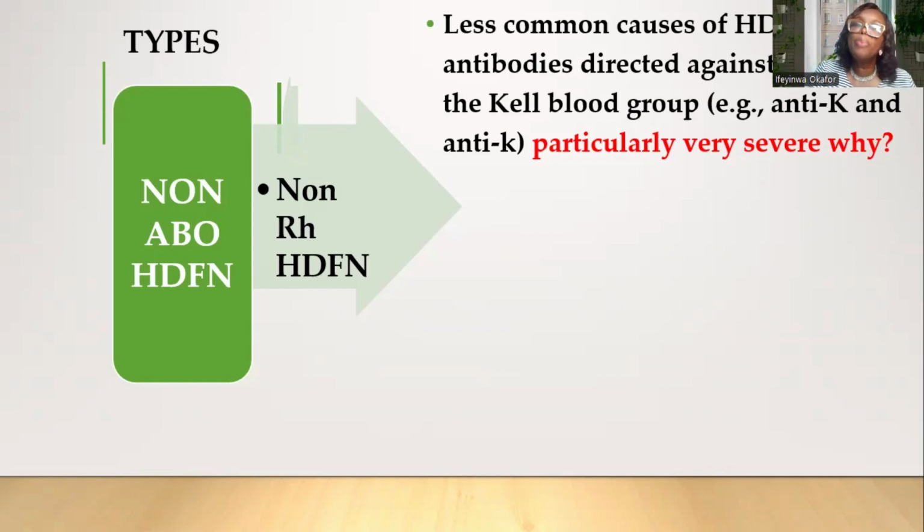and also depressing erythropoiesis, stopping new red cells from being formed and also causing intense destruction of the already formed ones. So HDN as a result of K antibodies is particularly serious because they destroy the progenitor red cells.